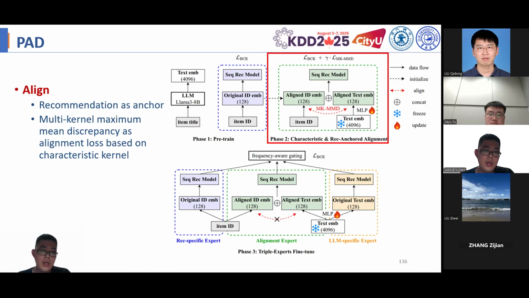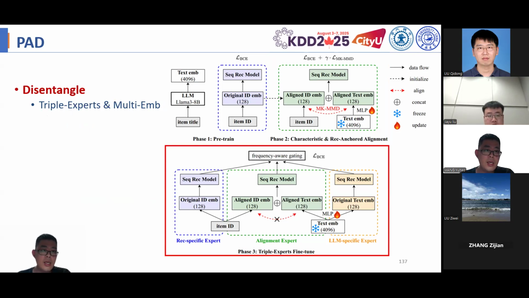In addition, we introduce a binary cross-entropy loss regarding the recommendation label to prevent the collaborative embeddings from catastrophic forgetting during the alignment. And in the final phase, namely the collaborative fine-tuning phase, besides the alignment expert we use in the second phase, we introduce two modality-specific experts.